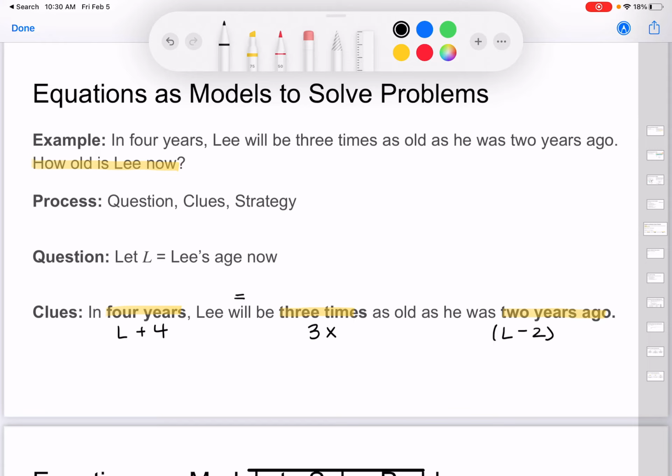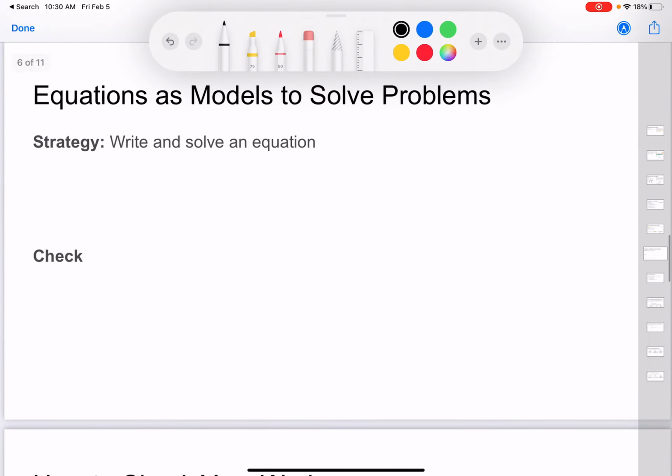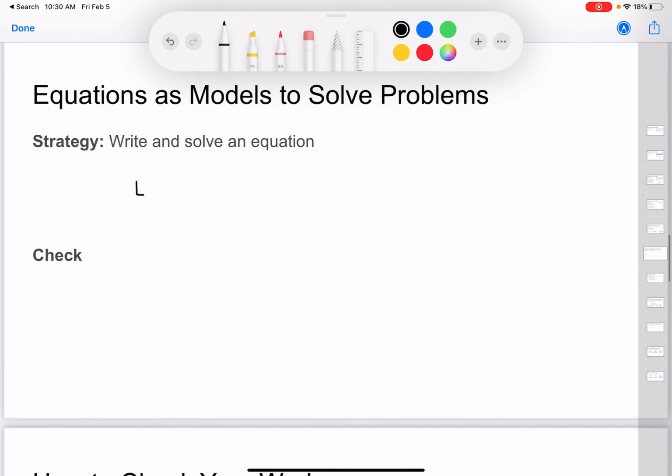So we can create an equation out of that, and that will look like L plus 4 is equal to 3 times L minus 2. So Lee's age 4 years from now is equal to 3 times what Lee was 2 years ago. That's basically what this equation is saying.